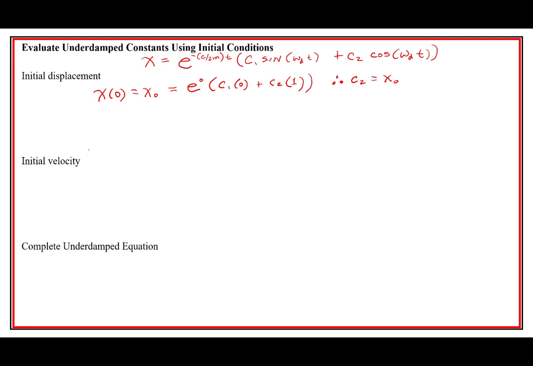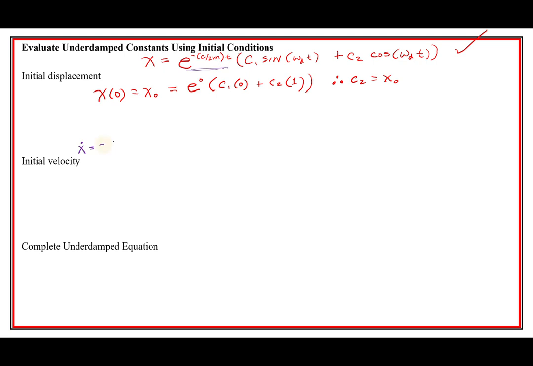For the initial velocity, we're going to say that's x dot, so we need to take the derivative of everything up here. So x dot is going to be equal to, first we take the derivative of this portion and multiply it by the remainder of the rest.